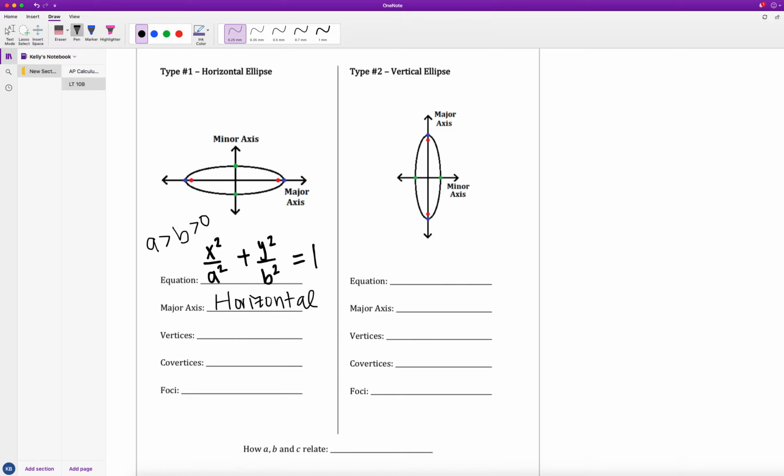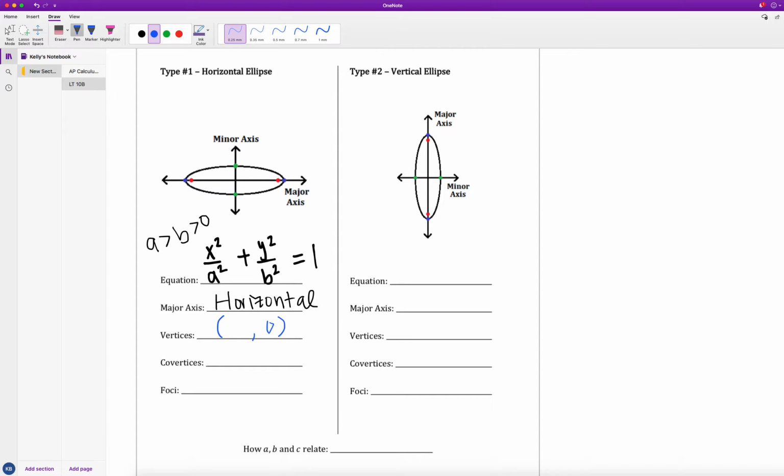Now the vertices are actually already labeled on my graph. They're these two endpoints that are in blue that we have here. Now because it's a horizontal ellipse, it's on the x-axis, so my vertices here are going to be some number, comma, 0. Now the number is actually based off of that equation.